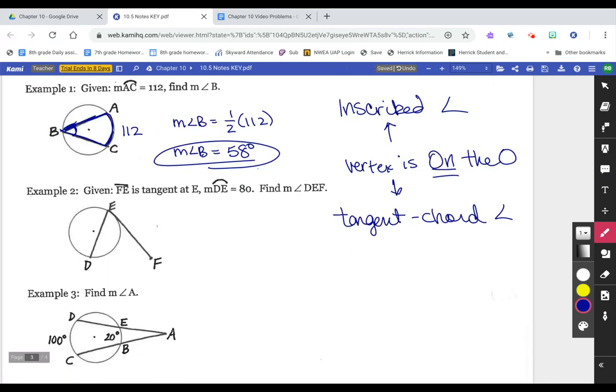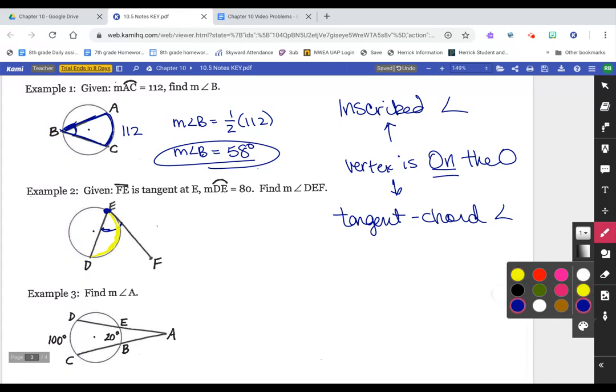Again, same rule, because for the tangent-chord angle the vertex is on the circle. So the measurement of this angle right here would be half of the inscribed arc. And the inscribed arc for this goes from E to D, arc ED.